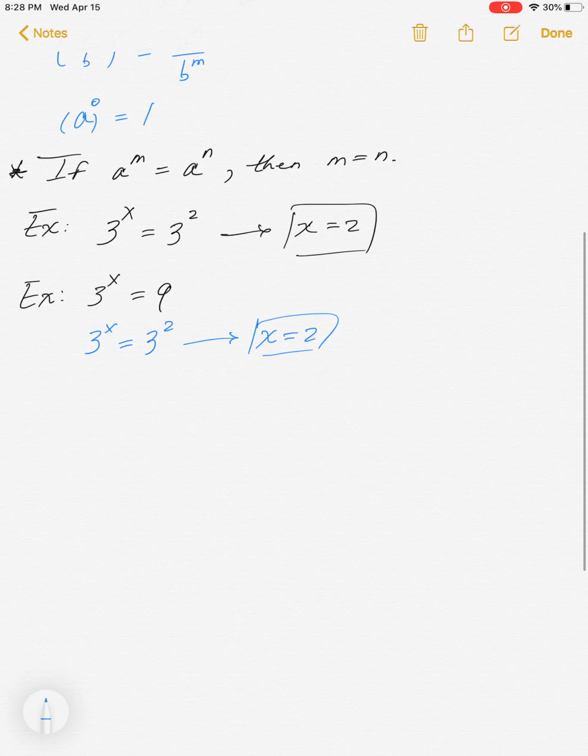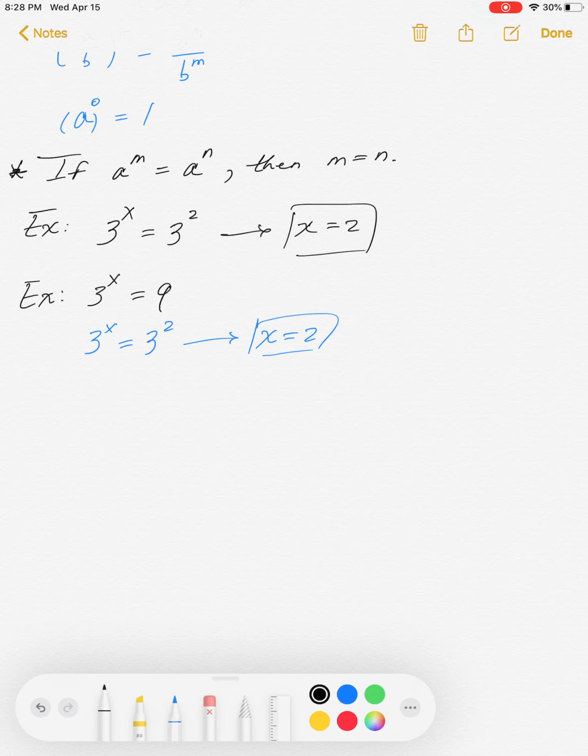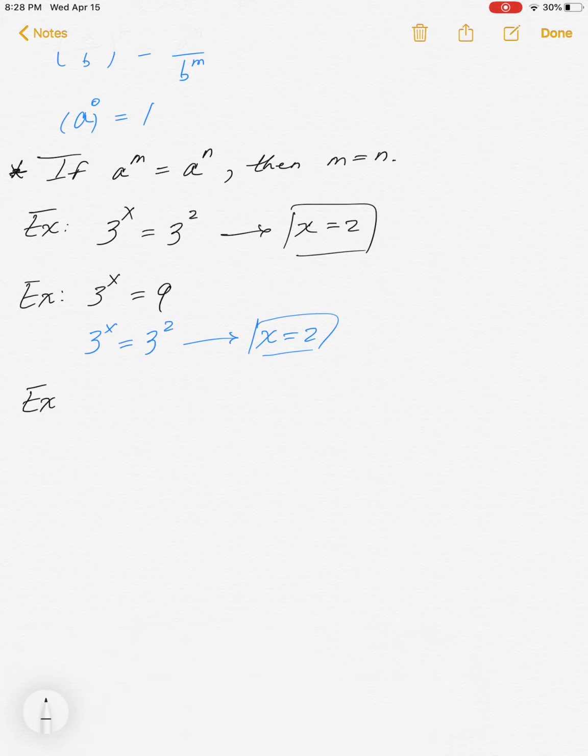Alright, let's amp this thing up a little bit because y'all are some highly intelligent individuals. Let's say we have 16 raised to the x minus 2 equal to 64 raised to the x. Clearly the bases are not the same, right?